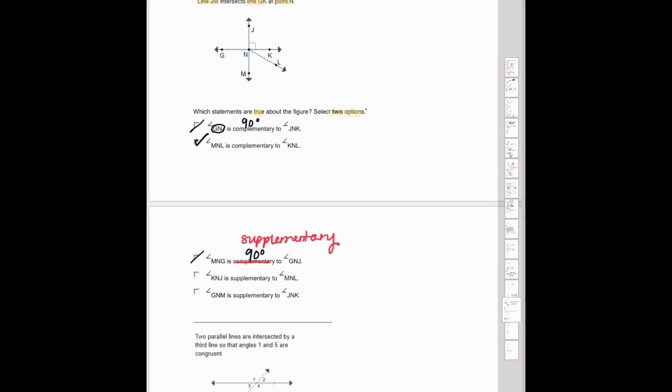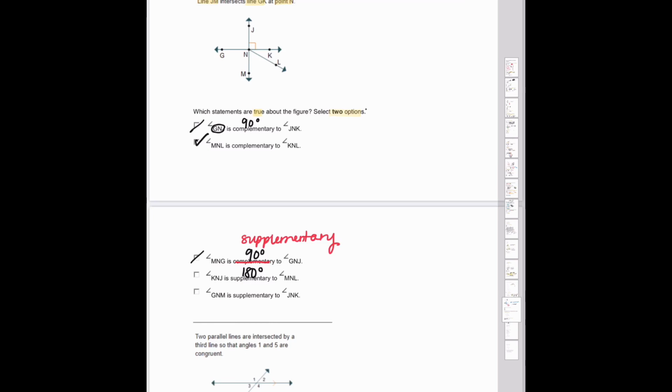The next statement states that K and J is supplementary to M and L. Let us remember that supplementary angles are equal to 180 degrees. So let's see if those two angles are equal to 180 degrees.